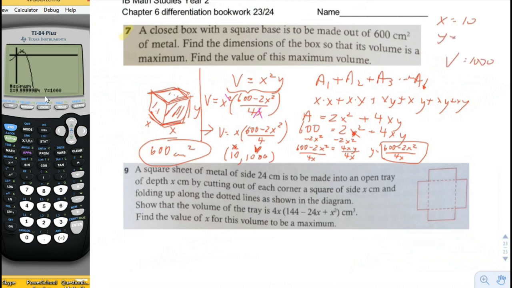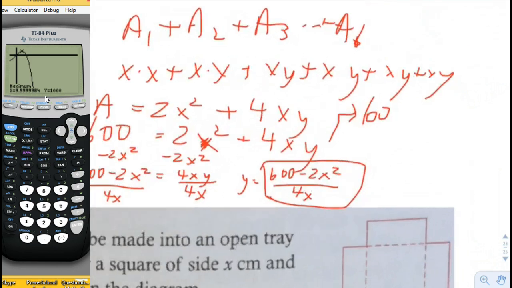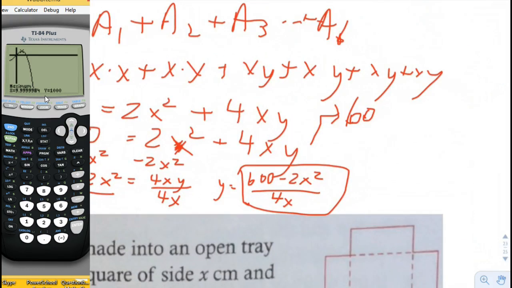Now we just need to figure out y. Okay, let's see. If we take this formula, we have 600 equals 2x squared, and remember x is 10, we already know that, plus 4 times 10 times y. So 600 equals 200 plus 40y.